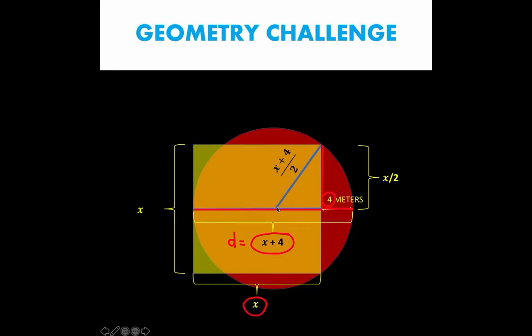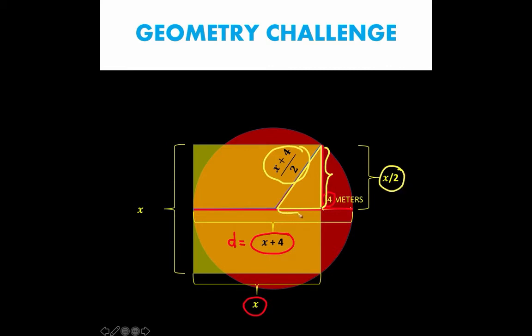Then, since this is the radius of the circle, its length should be 1/2 the diameter. Since our diameter is x plus 4, then our radius should be 1/2 of x plus 4, or (x plus 4) over 2. So with respect to this right triangle, we now know that the hypotenuse is (x plus 4) over 2. This leg is equal to x over 2.